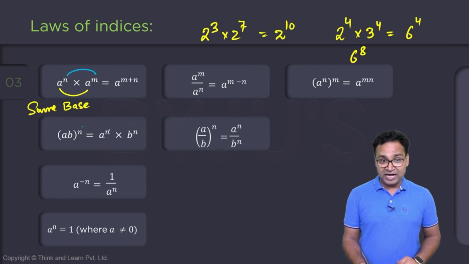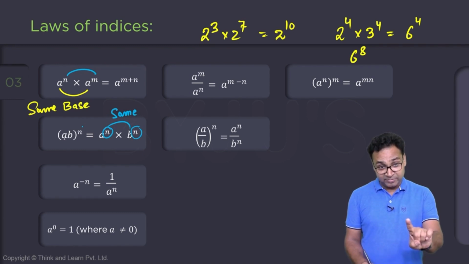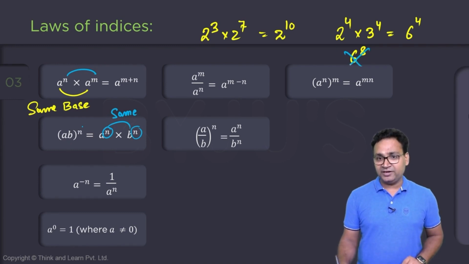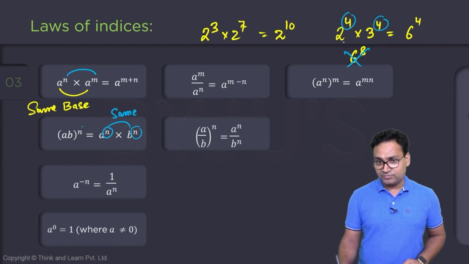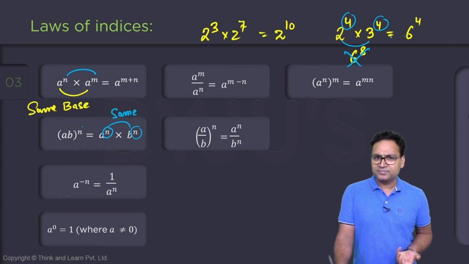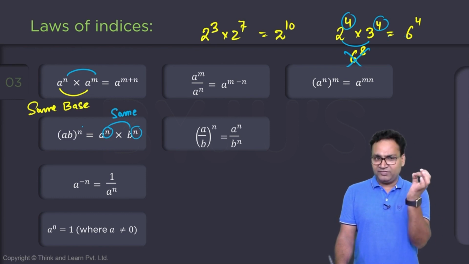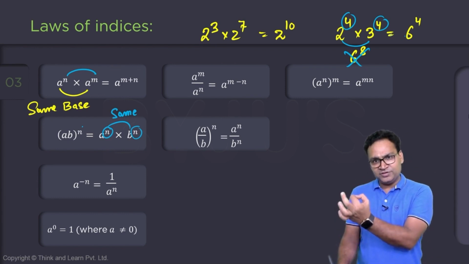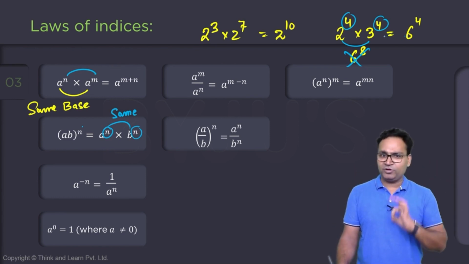If powers are the same, operate on the base. So here I multiplied the base, since the powers are the same. It is 2 into 3, 6. Simple. Just look: if the base is the same, operate on the powers. If powers are the same, operate on the base.